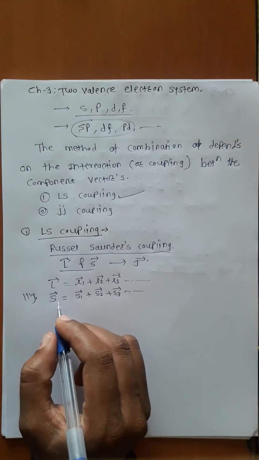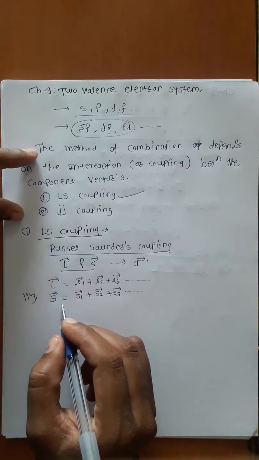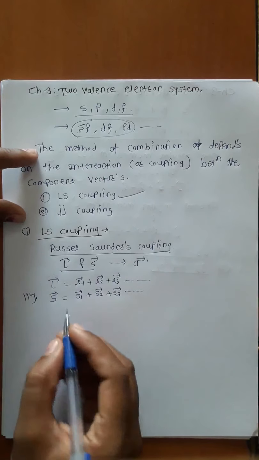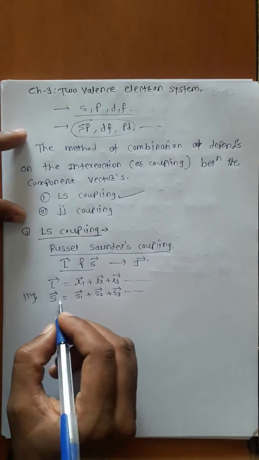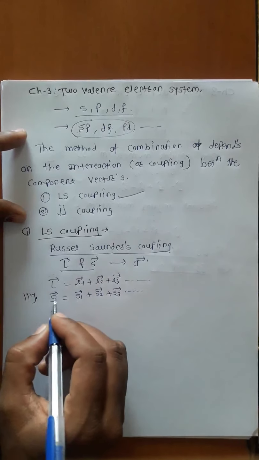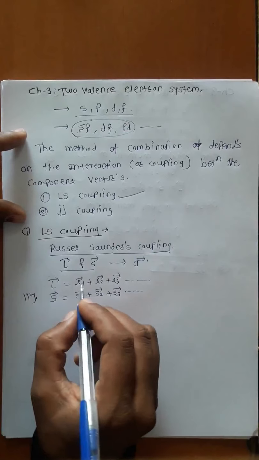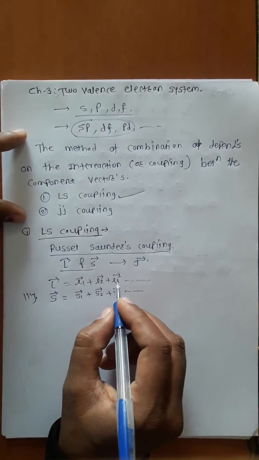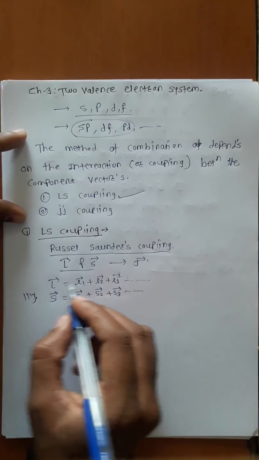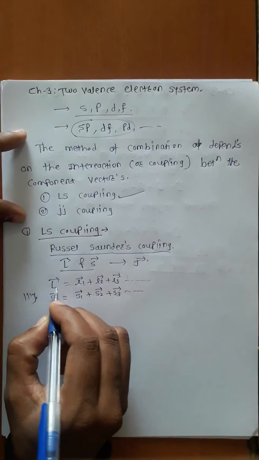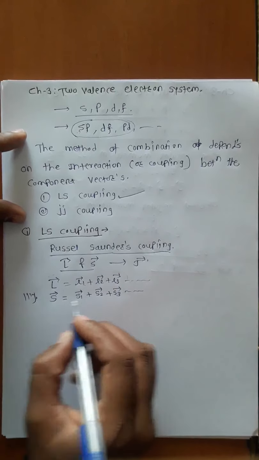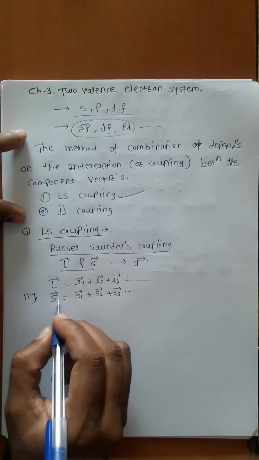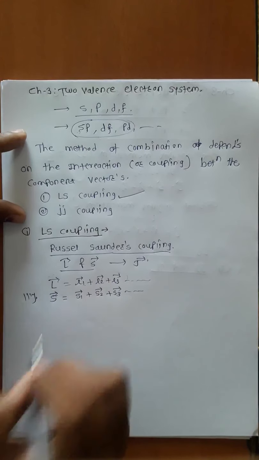In our last lecture we already saw how to calculate the total angular momentum J, which means the resultant of L bar and S bar. The resultant of the three vectors L1 plus L2 plus L3 gives the resultant orbital angular momentum, and the resultant of the spins gives the spin angular momentum vector S bar.